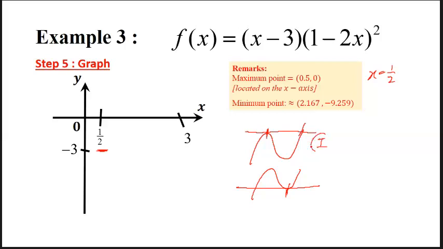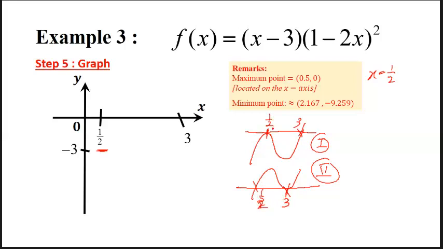So let's call it case 1 and case 2. And let us see which one makes more sense, where both of these points are actually x-intercepts, and according to the calculation for the x-intercept, we find that they are 1/2 and also 3.